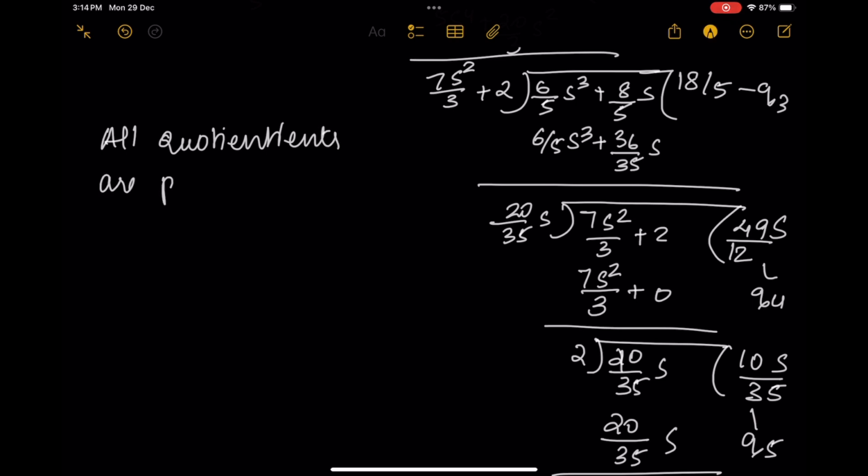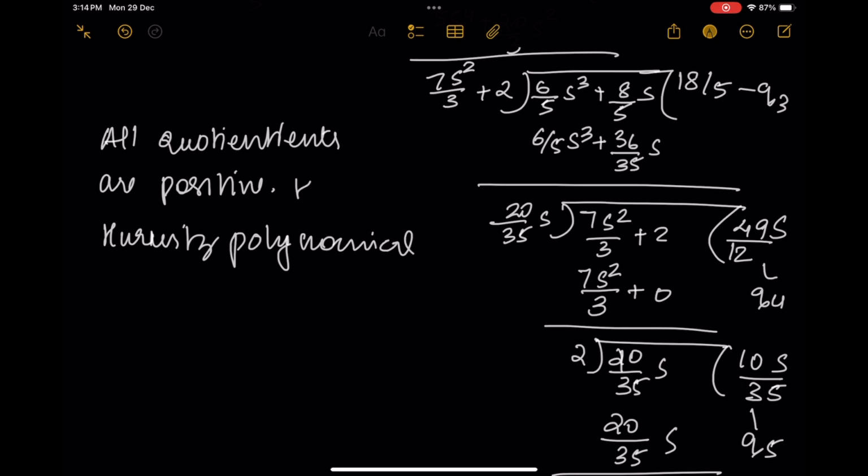From what we have studied until now, it directly means that the given polynomial is Hurwitz. Hence Hurwitz polynomial. That's it.